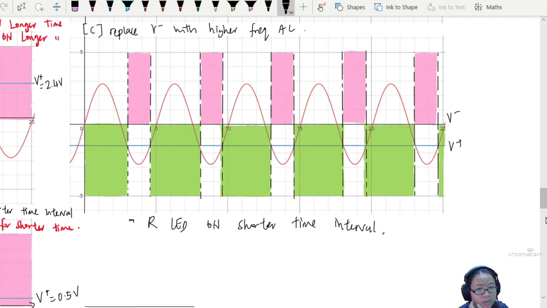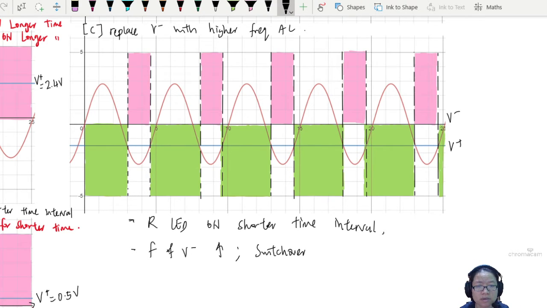Okay, and the second reason why this R LED turns on at a shorter time interval is because when the frequency of V minus increases, the switch over happens more frequently in the same time interval.